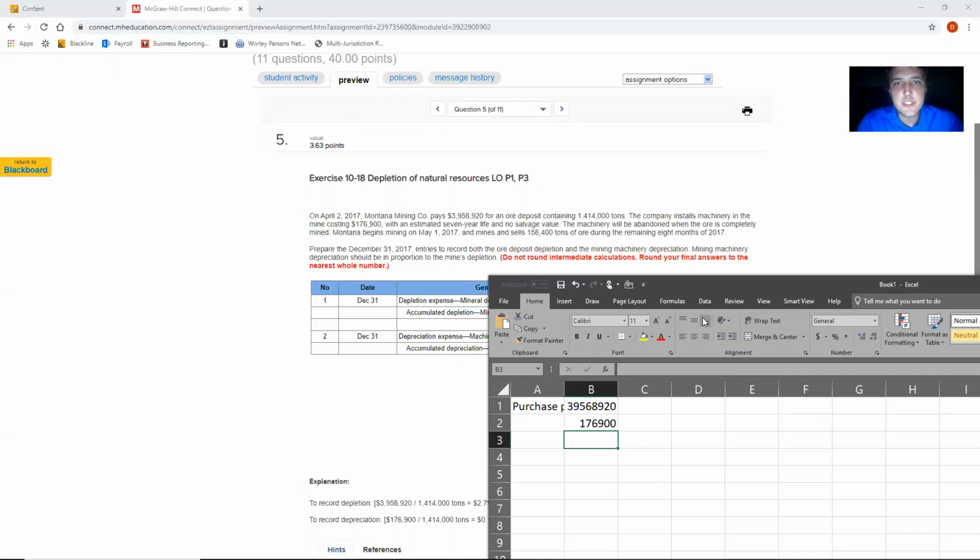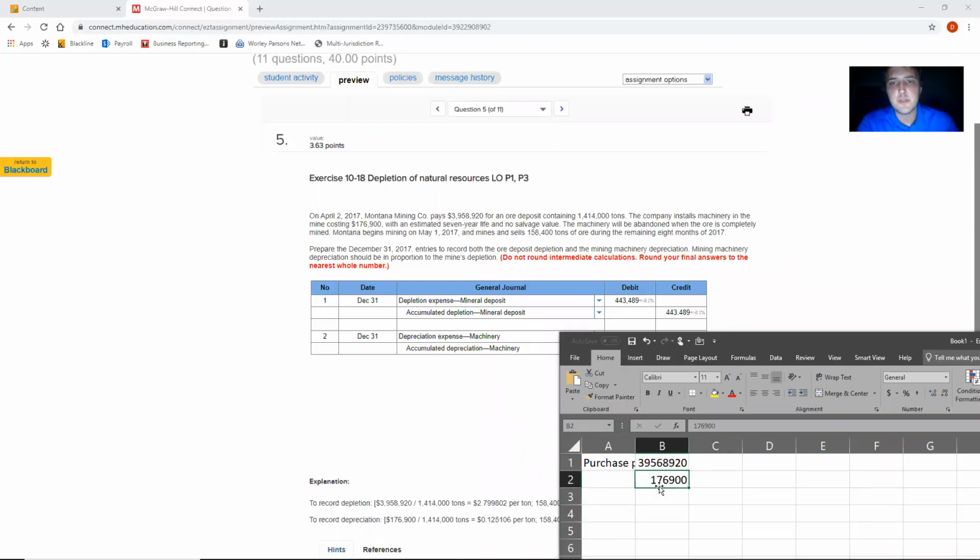Okay. So we're going to keep these two things separate. Here, we're going to sell 158,400 tons.